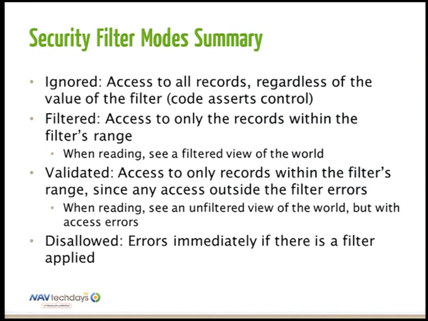So if you set something to disallowed, an administrator puts up a security filter on that, and Susan tries to execute that piece of code, it will immediately error saying that you cannot run this code as you have a security filter applied. So it will stop immediately. It will not try to do anything. It will stop the moment that it accesses this record for the first time.